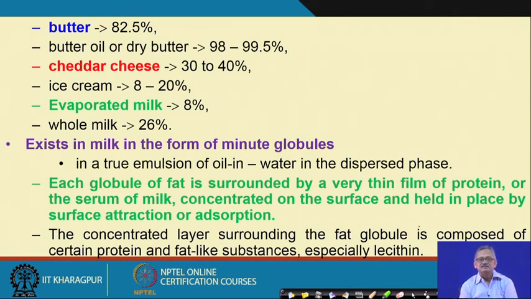And fat exists in milk in the form of minute globules, very small fat globules. Generally, the globule diameter varies from less than 1 micron up to 25-30 micron in size.